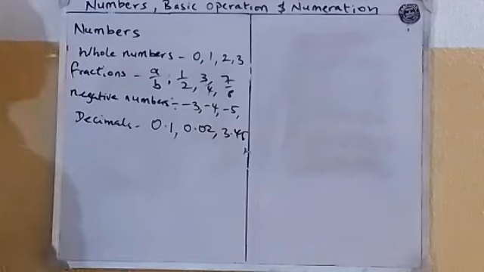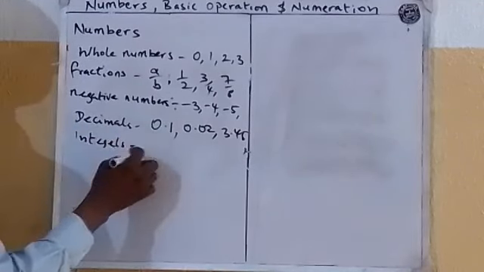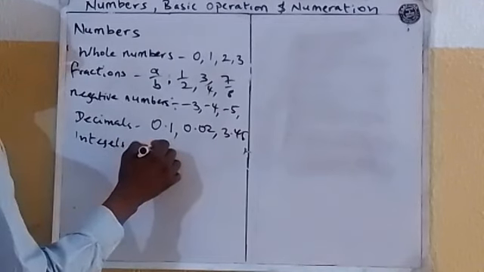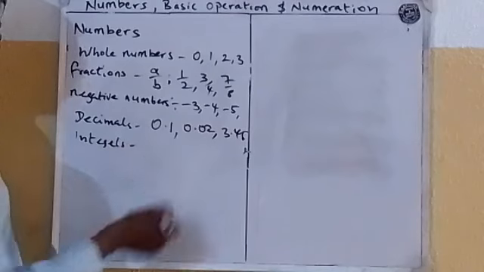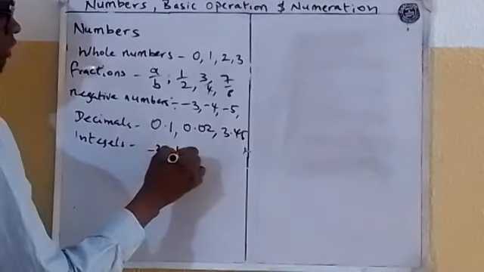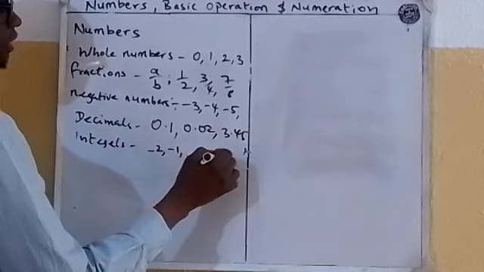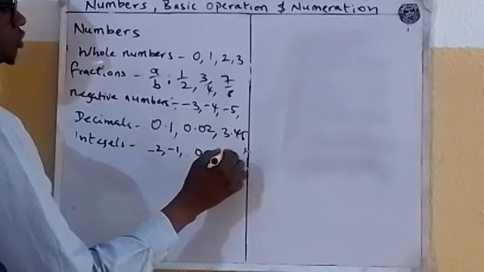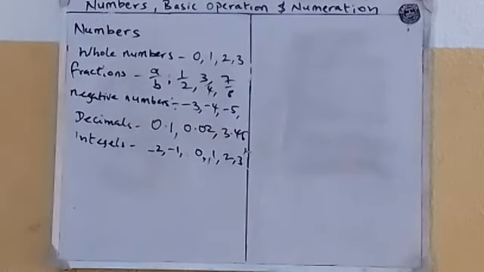Like I said, integers are numbers that are positive and negative. Most of the time we see them on the number line: -2, -1, 0, 1, 2, 3, and so on. So these are numbers.